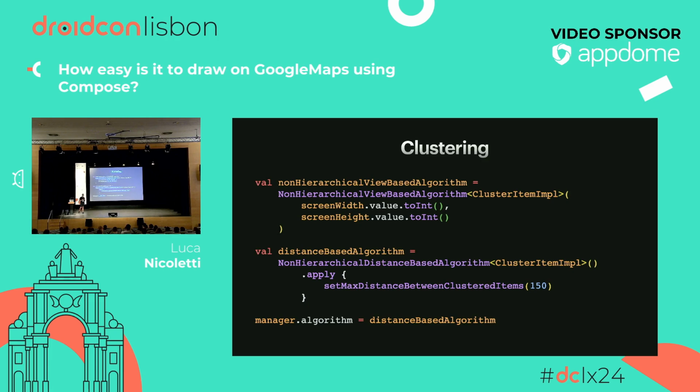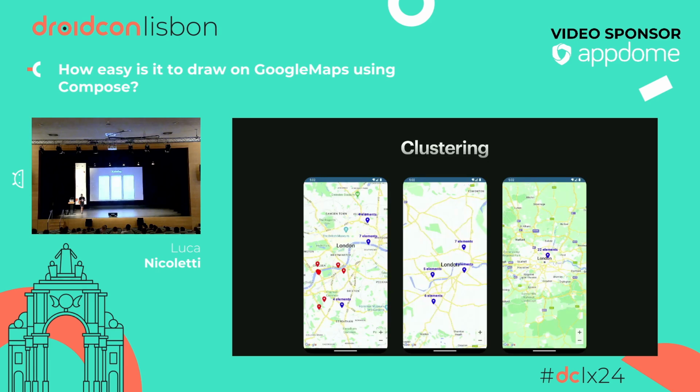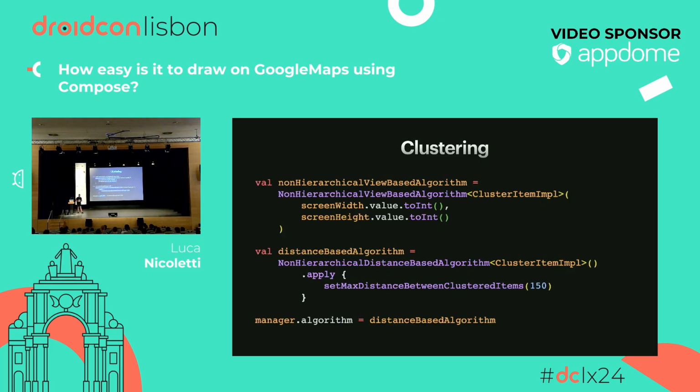So it's a bit more computationally heavy. And then once we have an algorithm, we can set the algorithm to the manager. In that way, we can tweak how the manager works. For the value, I've seen that 150 is roughly a good value for a city as big as London and between 20 and 50 markers, but it will depend on how close they are. You might want to play around with it a bit.